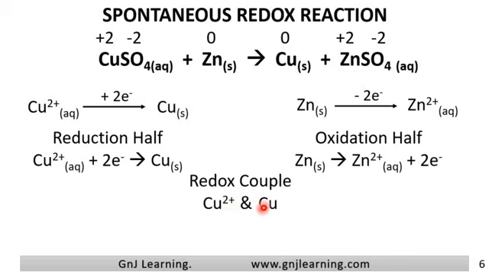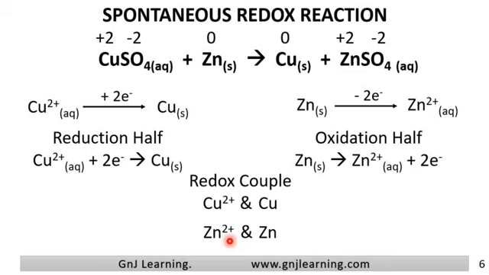You can work it out from their oxidation numbers. There is also one more redox couple in the oxidation half reaction, which are the reduced form of zinc and the oxidized form of zinc. Again, the difference between the two forms of zinc is 2 electrons.